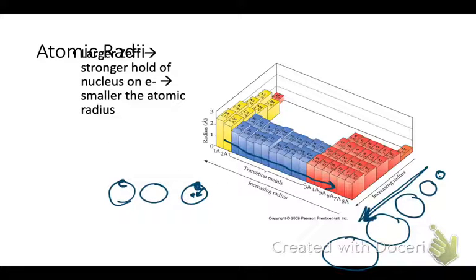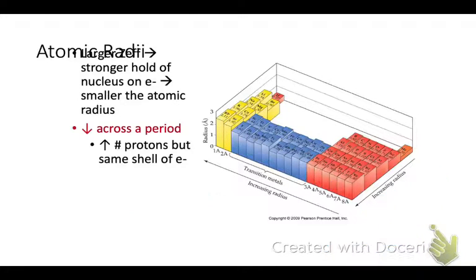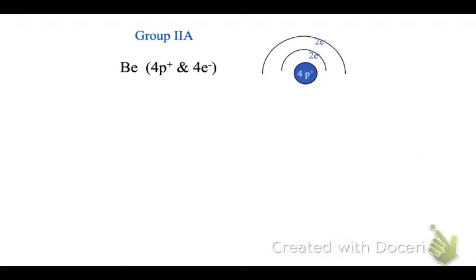Those electrons are going to come closer to the nucleus, and that explains why the size decreases going left to right on the periodic table. So across the period, the number of protons does increase, but it's the same shell of electrons, and down the column the shell size increases, and that explains the size.